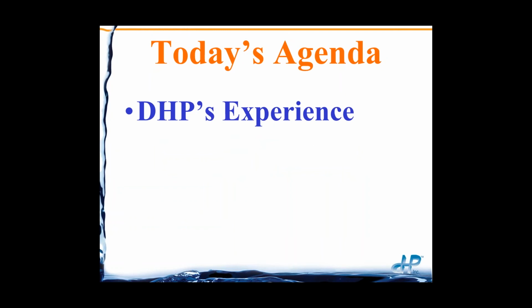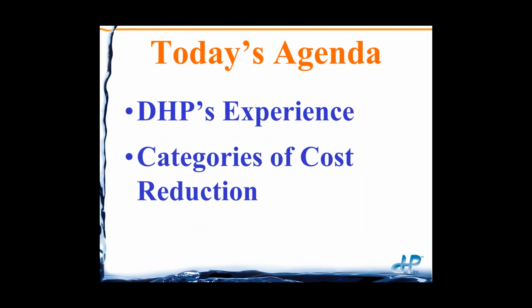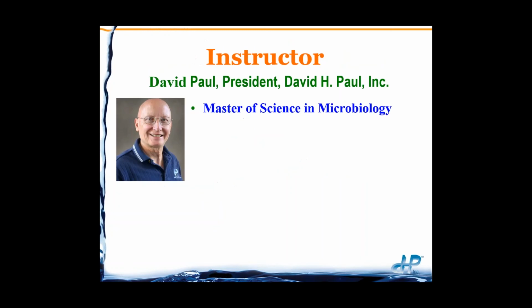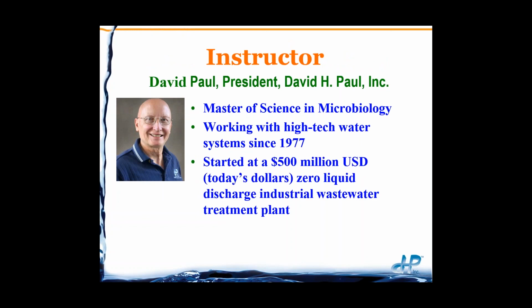I'll go through my experience and then we'll talk about categories of cost reduction. Cost reduction has been a major role basically from the get-go for me. I started out in 1977 at an 1,800 megawatt coal-fired power plant that was a zero liquid discharge plant, so no water left the plant except through evaporation.